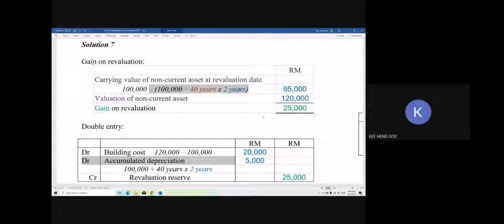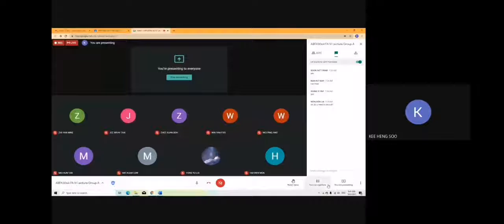For those who are lost already, your journal entry should be like that. You debit accumulated depreciation 5,000 and credit building 5,000.